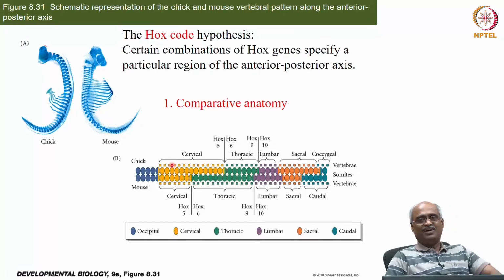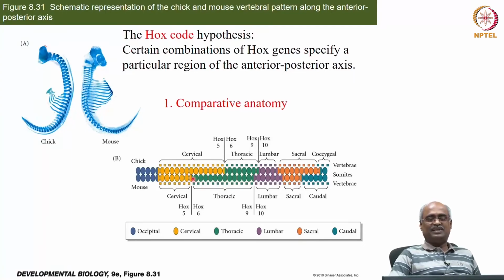And now when we look at the Hox gene expression pattern, quite interestingly, Hox 6 expression here extends more anteriorly, while the Hox 5 expression in the chick extends posteriorly. The top row is the chick and the bottom row is the mouse. As a result of this, Hox 6 is restricted to up to this, and therefore thoracic forms only up to that, and then you have a long region of cervical vertebrae.